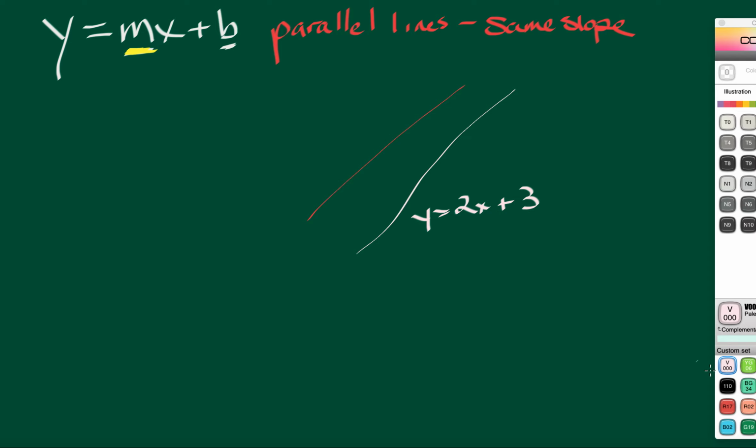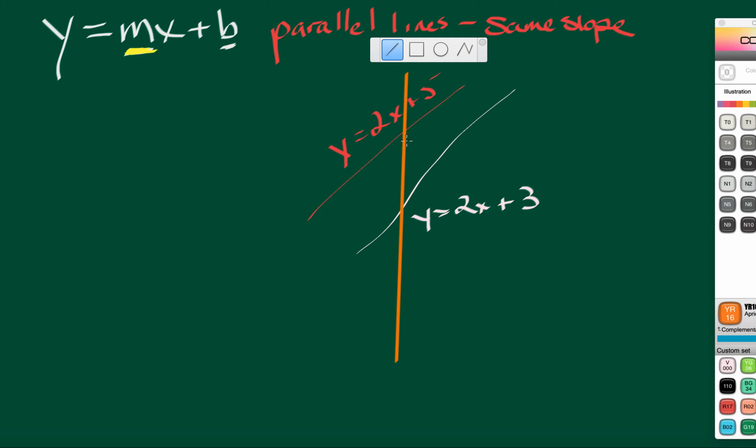Then this line over here would be y equals 2x plus 5 because it crosses the axis a little bit higher, right? So if this is the y-axis, then this crosses at 3, and this is 2 spaces higher up there, and there you go. So let me undo that.